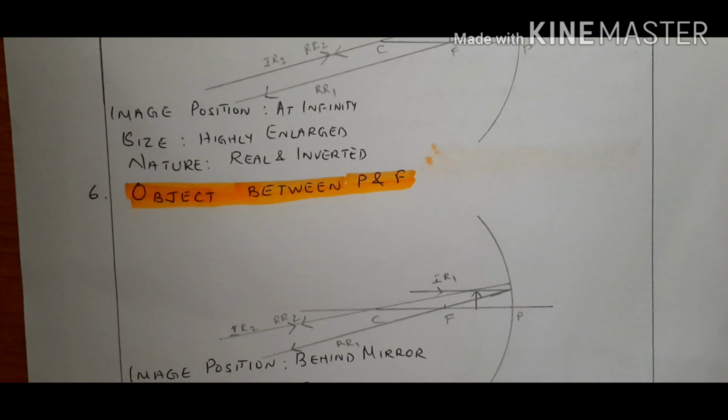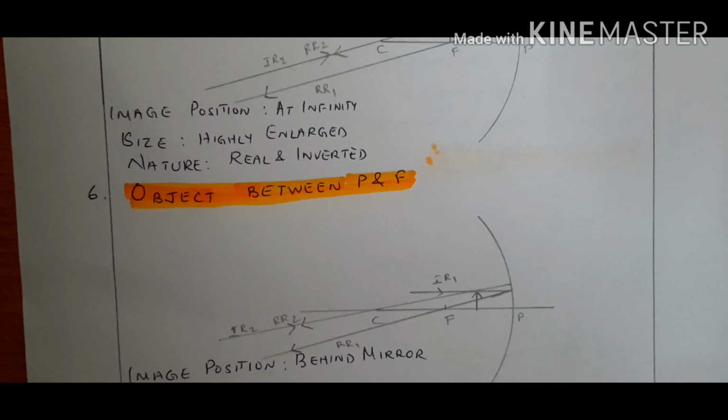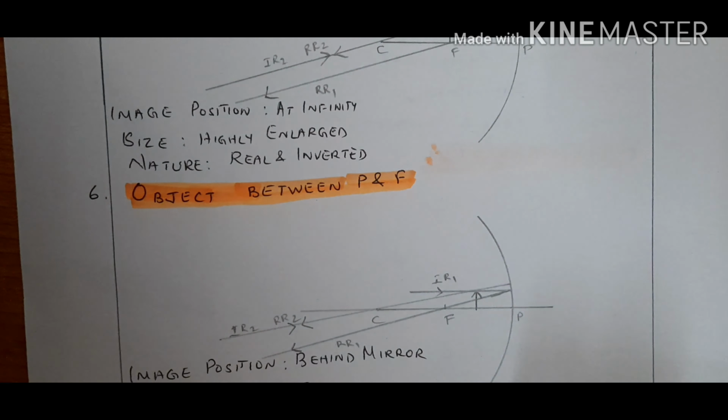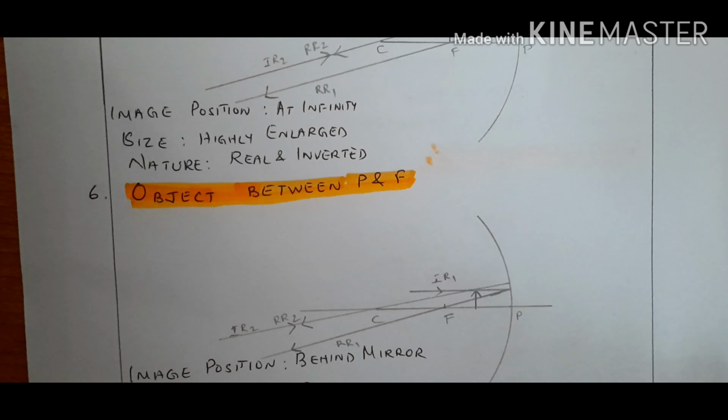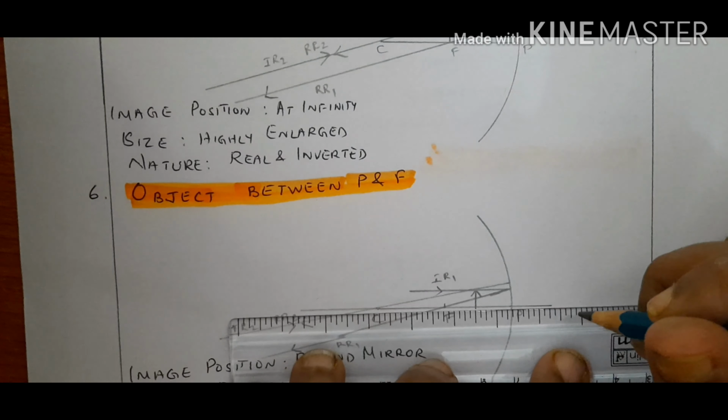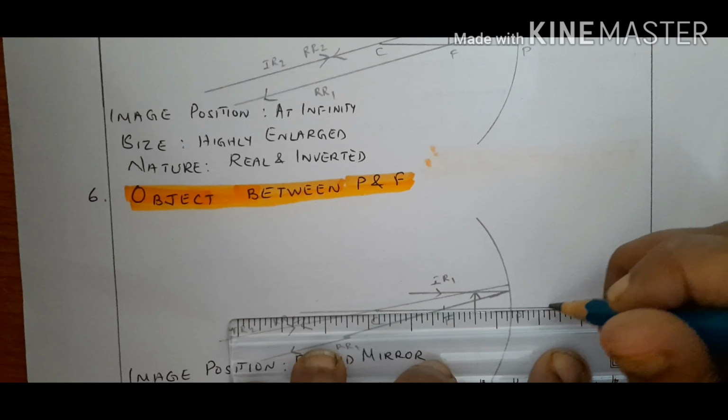Now, in this case, we will find that the two reflected rays are not parallel to each other, but they are diverging. That means they will never meet. But if we look towards the mirror, these two rays are coming closer to each other. So, I will extend the two rays behind the mirror.